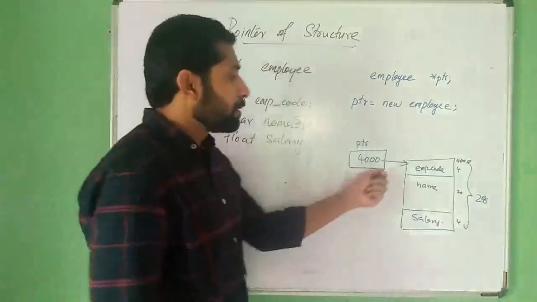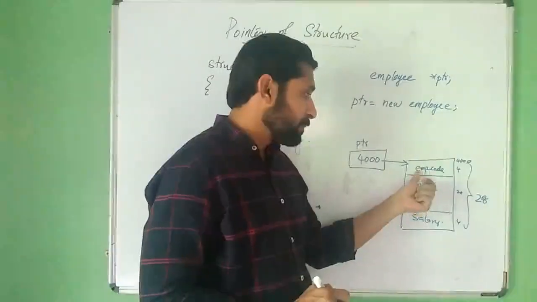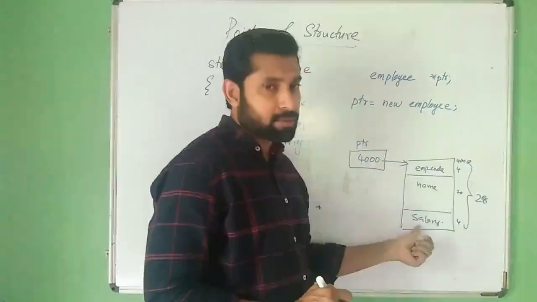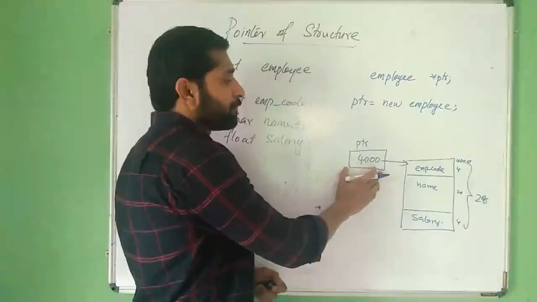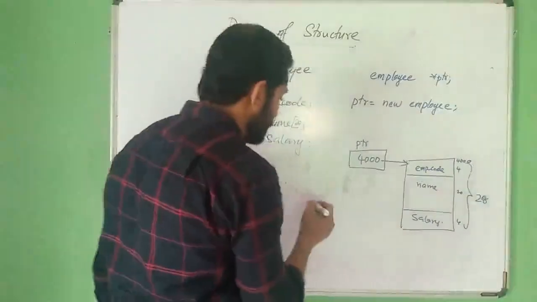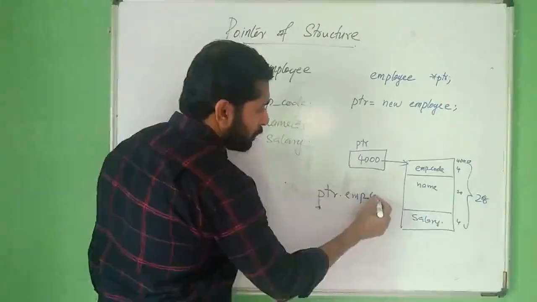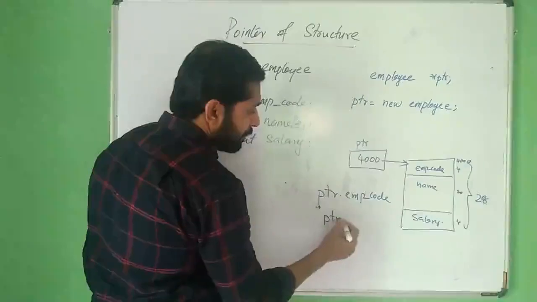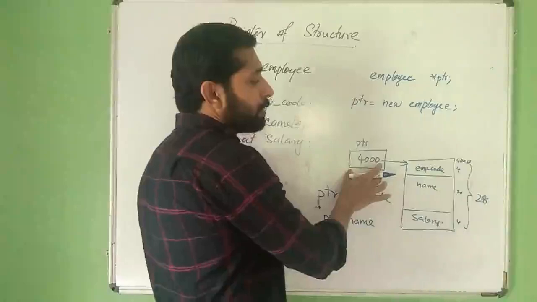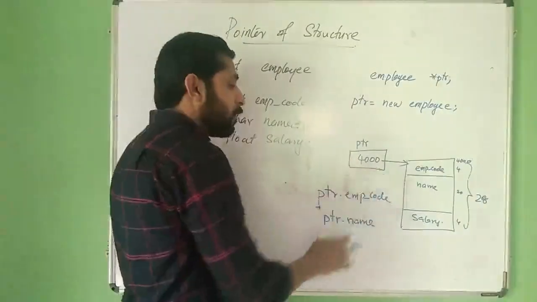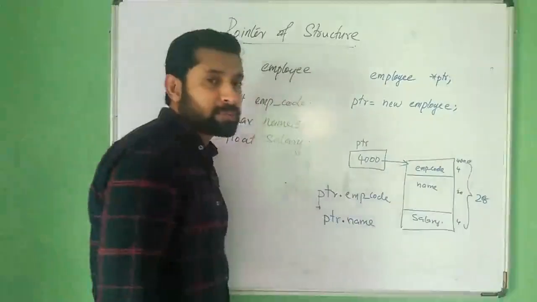We know we used the dot operator for accessing different elements in a structure. But here, if we are using the concept of pointers, we cannot write a statement like ptr dot emp code. We cannot write ptr dot name. So while using a pointer to a structure, we cannot use the dot operator for accessing structure elements.